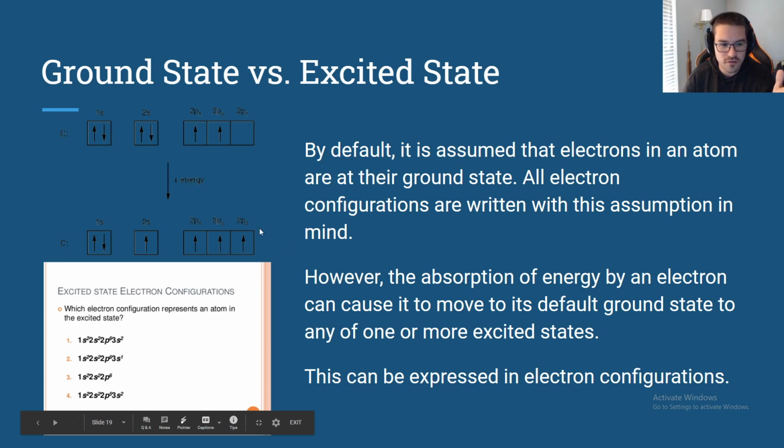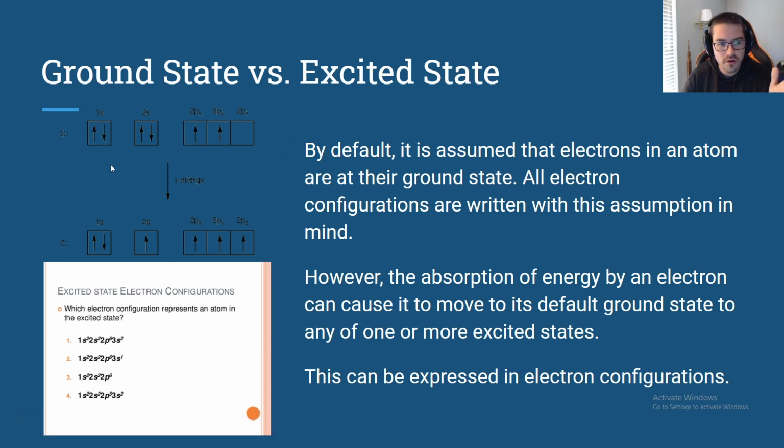So this is just an example. You've got the carbon ground state, you add some energy, and what could happen is an electron that is located in a lower energy orbital, say this 2s orbital, could jump to an excited state, into the p orbital, in which case we would represent that in this way.